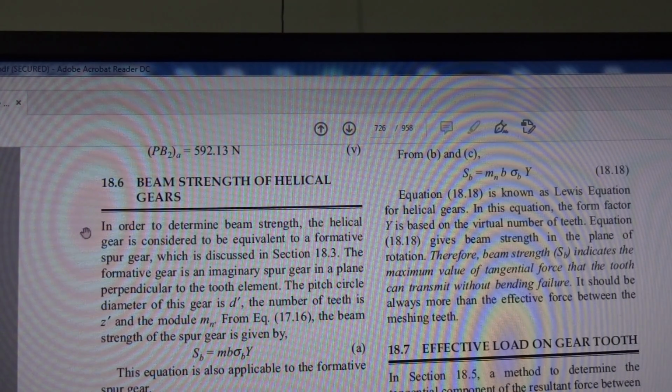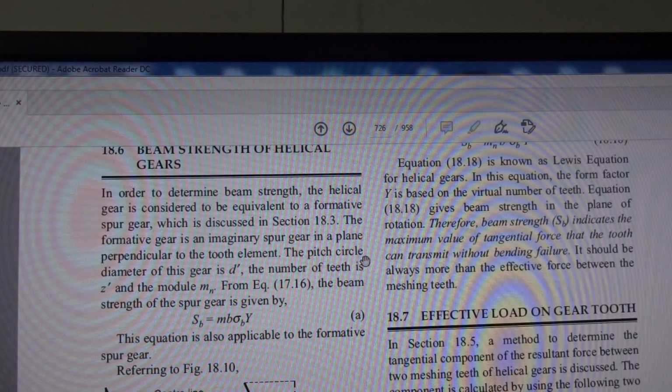In order to determine the beam strength, the helical gear is considered equivalent to a formative spur gear, which was discussed in the previous section. The formative gear is an imaginary spur gear in the plane perpendicular to the tooth element. The pitch circle diameter of the gear is D dash, the number of teeth is Z dash, and the module is Mn.